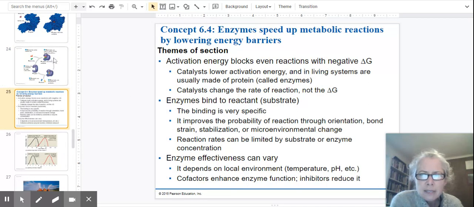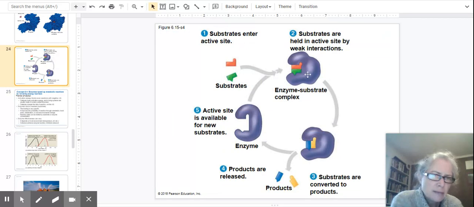What happens in that active site depends on the enzyme, but there are several things that can happen that make it more probable that the reactants turn into products. One is that the enzyme puts tension on the chemical bonds of the reactants, essentially putting them in that transition state.